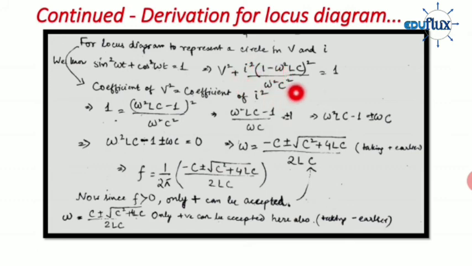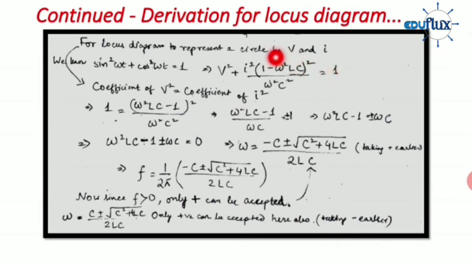But for other values of omega or f, we can easily notice that this equation will represent nothing but an ellipse.